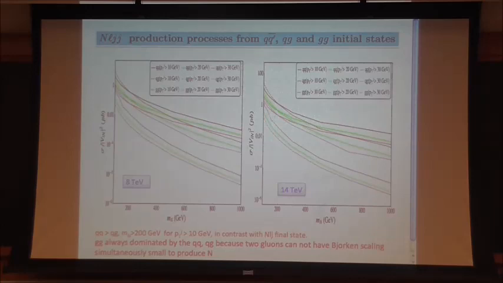So we suspect that the two gluons do not have the Bjorken scaling simultaneously small enough to produce the heavy neutrino at the LHC, right?